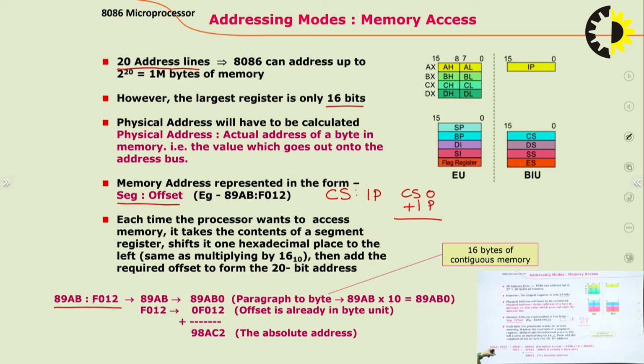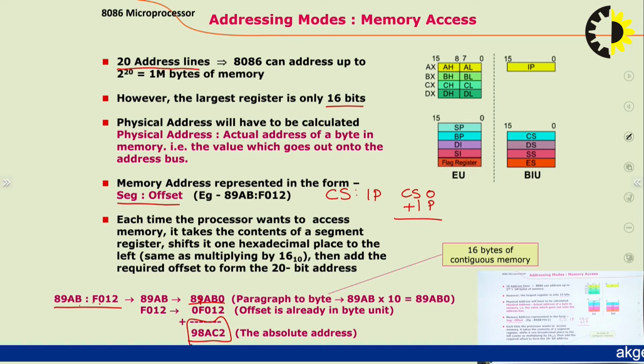So the value will be 89AB0 plus F012, which becomes 98CC2. As we have already seen in hexadecimal addition, this will be the physical or absolute address for this particular segment offset pair.